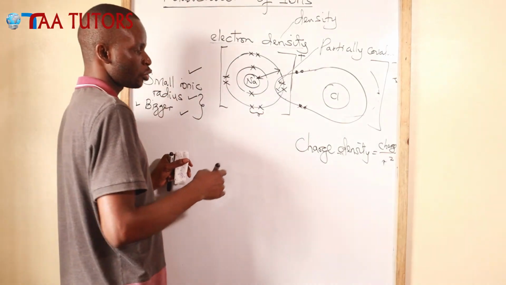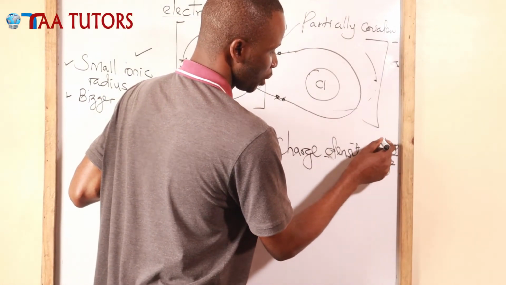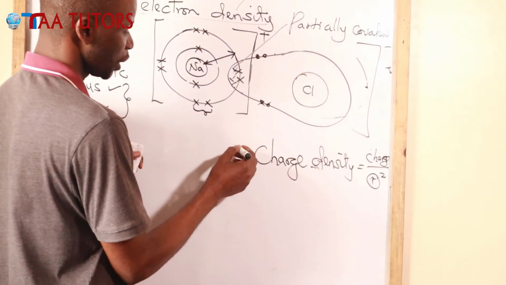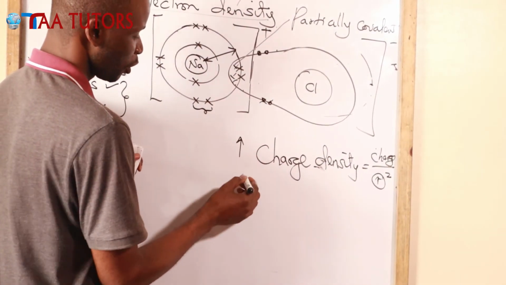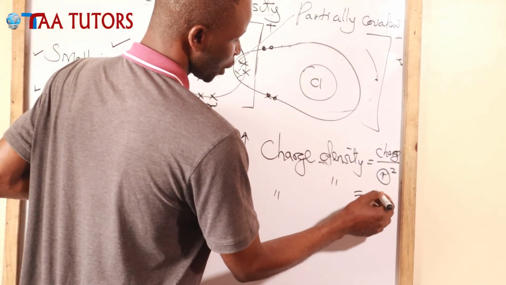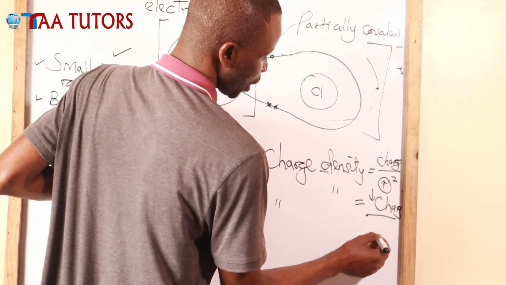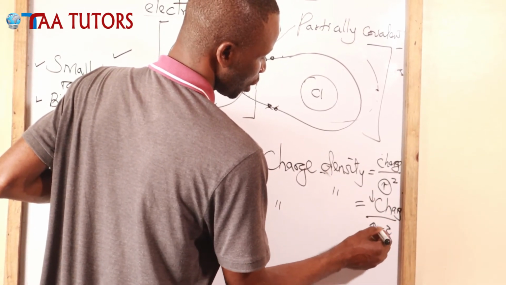And we said earlier, for it to be a stronger charge density, the charge must be bigger while the radius must be smaller. So what about a weak charge density? If it's a weak charge density, we expect the charge to be smaller and the radius to be bigger.